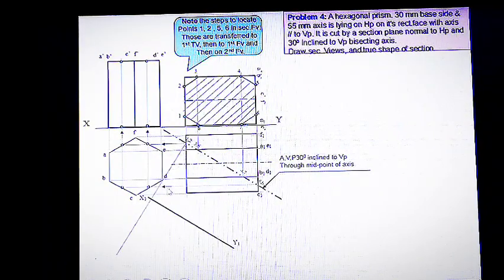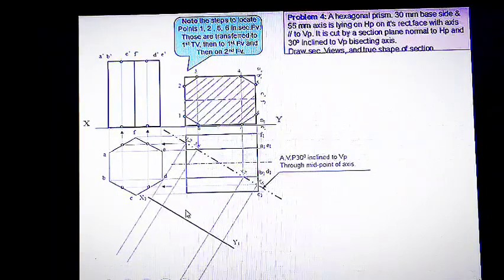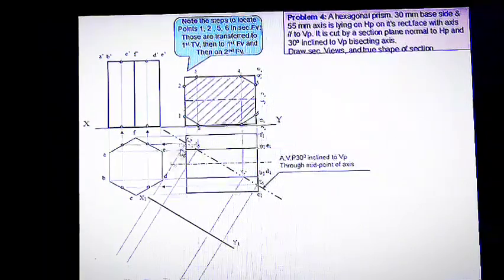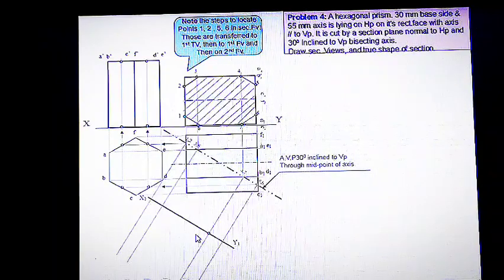And the vertical projectors are drawn from these intersecting points 1, 2, 3, 4, 5, 6, 7, 8 like this. Now we know how to mark these points in the true shape. So the true shape can be obtained by marking the distance of these points 1, 2, 3, 4, 5, 6, 7, 8 from this x1, y1 line.